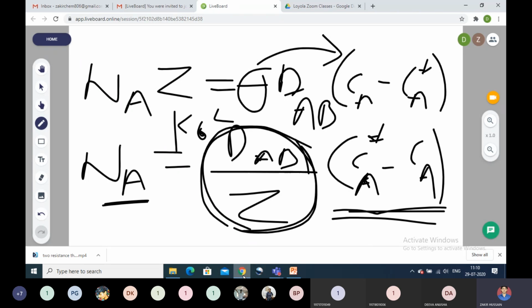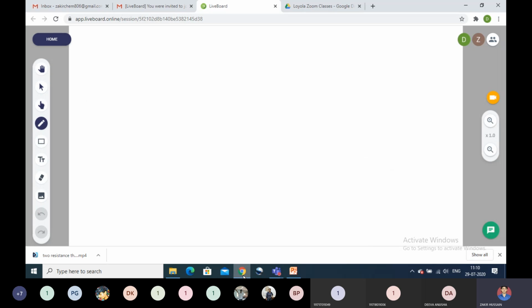For the two-phase system also we are writing the concentration balance. So we have to write this as KOL, the overall mass transfer coefficient in the overall system.